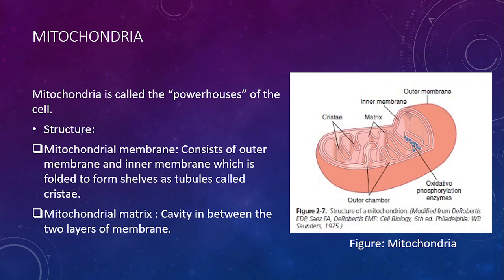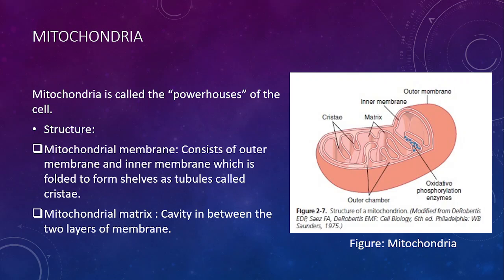Anything we consume, whether a carbohydrate food, a protein food or a lipid food, must be converted through a metabolic series of reactions to adenosine triphosphate. Only in that form can the body utilize this food. So this is the primary source of energy, and this ATP is produced in the mitochondria by means of oxidative phosphorylation. That's why mitochondria is called the powerhouse of the body.